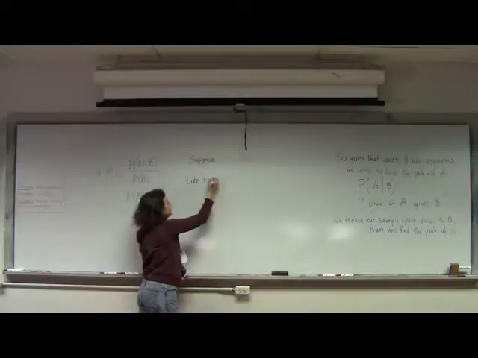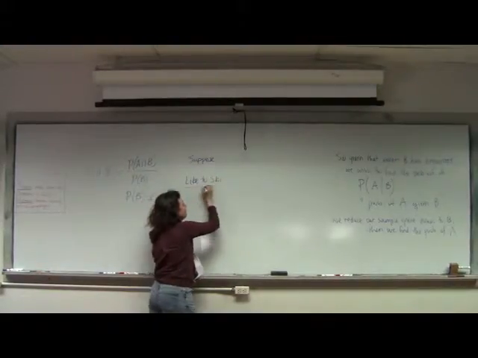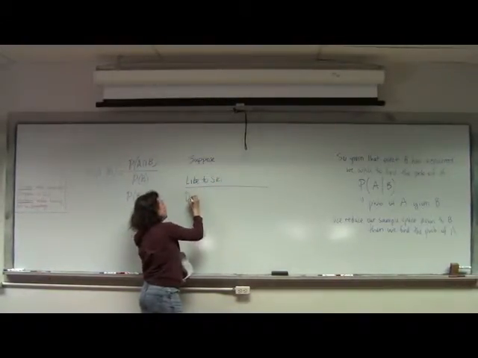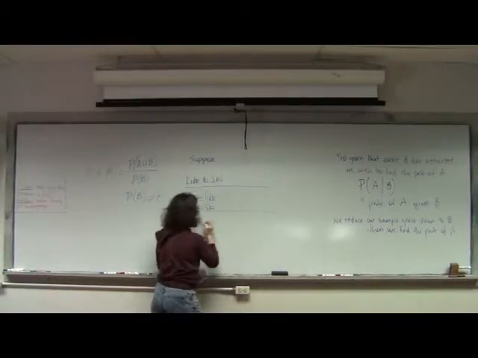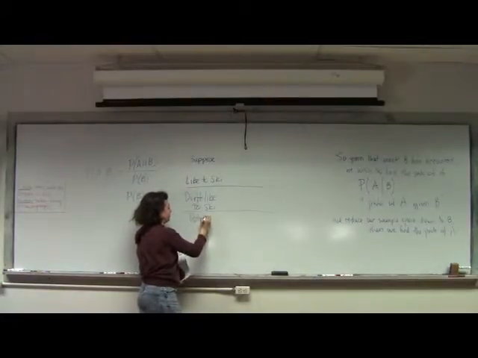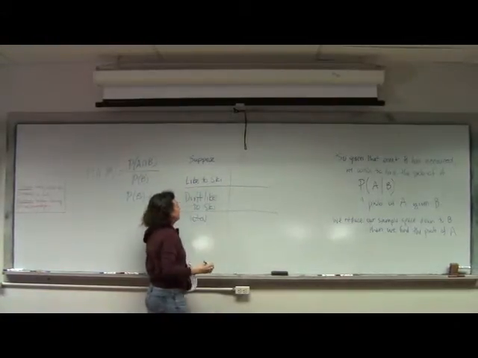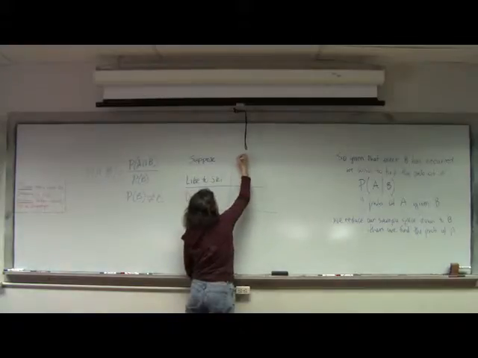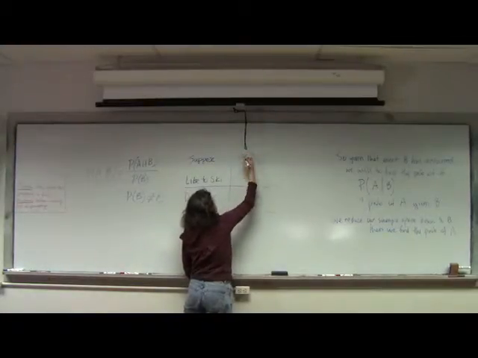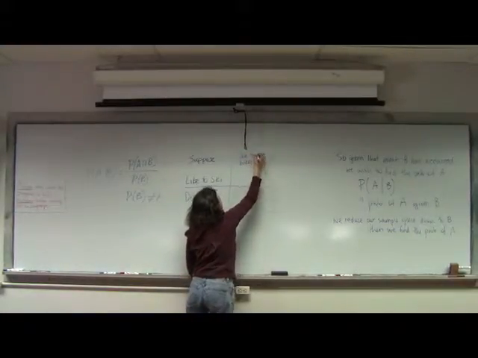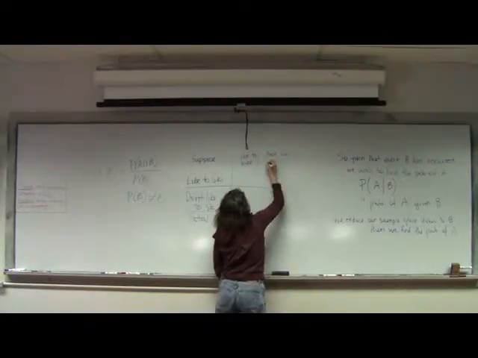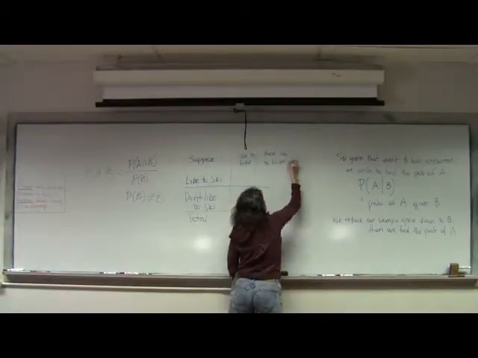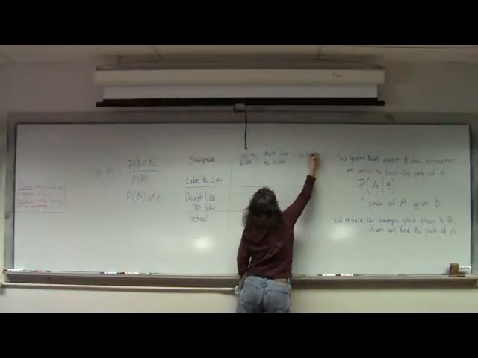So like to ski, don't like to ski, and then we'll have total. And how about like to hike, don't like to hike, and then totals.